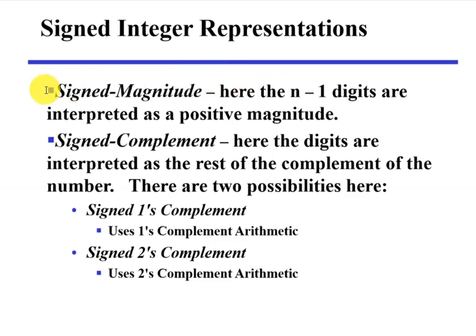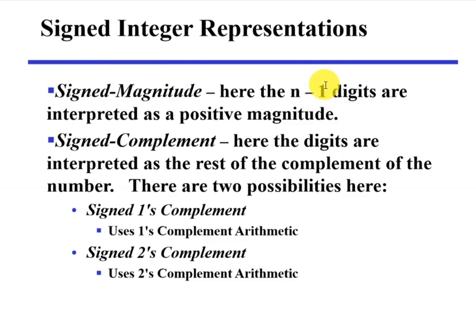If the most significant bit in this case is 0, we can evaluate the number just as we would any normal unsigned integer, and we can treat the number as a positive one because 0 denotes positive. If the most significant bit in signed magnitude representation is 1, this indicates that the number is negative.